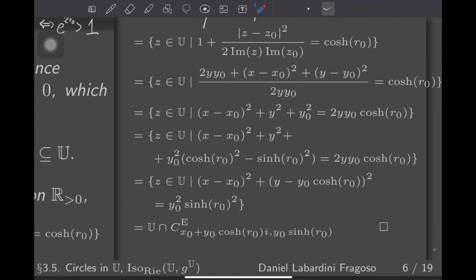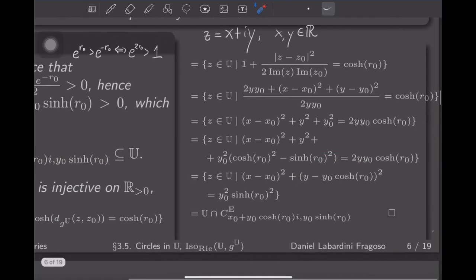Because when I write it like that, I can move this to the left and this to the right. To move this to the right, I have to multiply with y naught squared. This one moves to the left, and I complete a square, and it's this square.